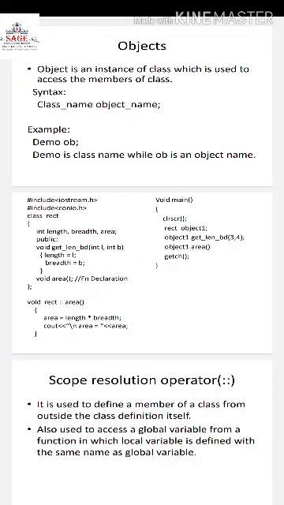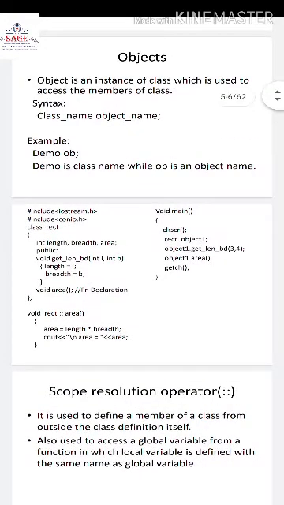So here we have defined two member functions. One is get_length_breadth and another is area. You can see here that we have defined one function, get_length_breadth, in the class itself, and the second function, namely area, we have only declared, we have not defined it, because we have defined it outside the class.